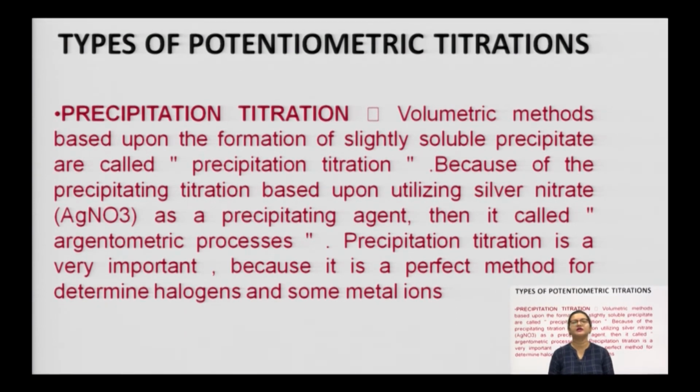AgNO3 is the precipitating agent which gets precipitated as the salt silver chloride, AgCl, which shows the commencement of the end point. Okay. So, potential difference can be measured in precipitation titration also.